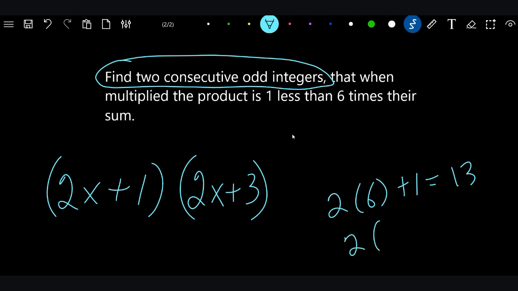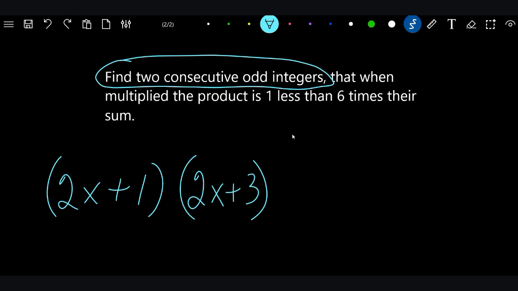And now we're taking 2 times 6 plus 3. What does that give us? Because now we're adding the next odd integer, and so that gives us 15. So now these are consecutive odd integers. The way that you do that is with this little formula right here. So there's my formula to get an odd integer.